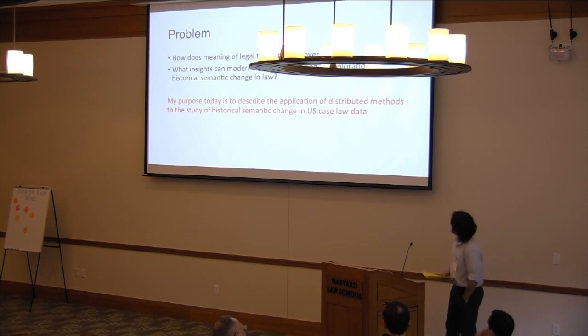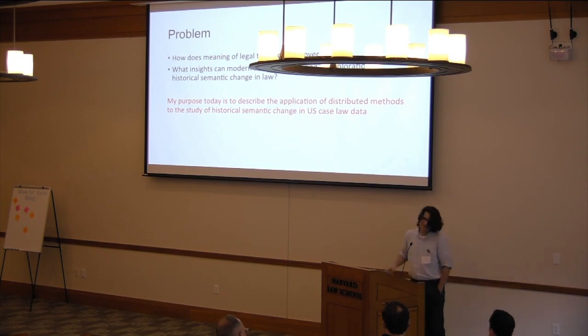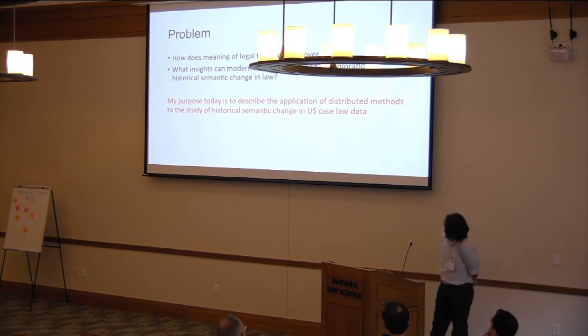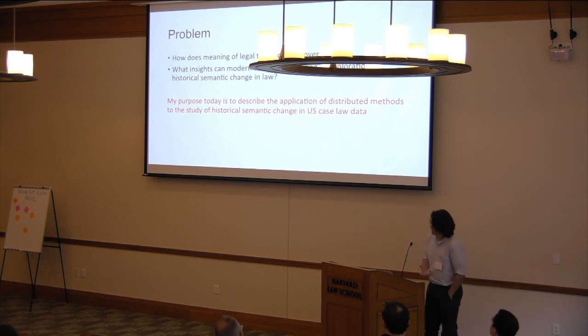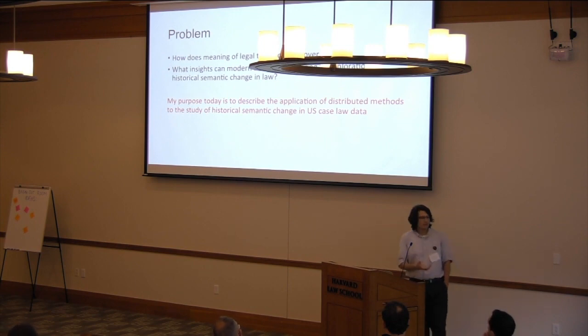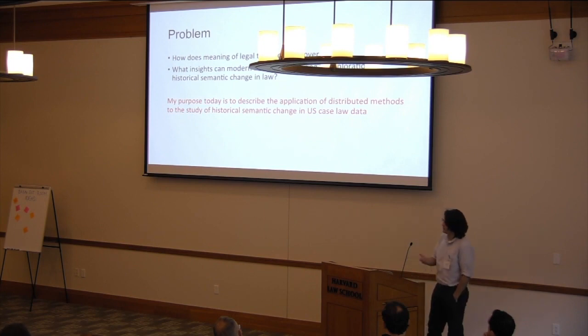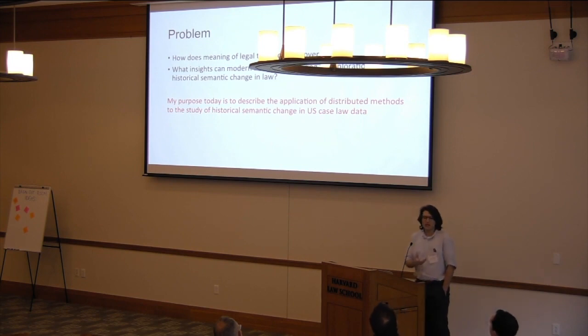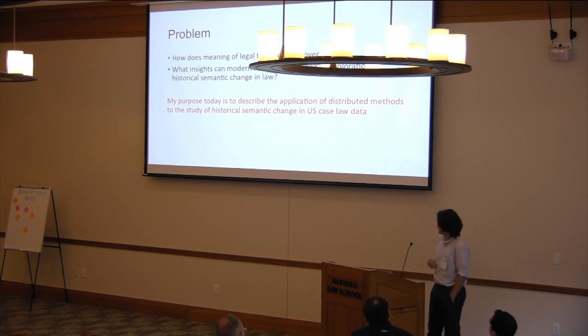Now the problem that this research tries to answer is this idea of how legal terms actually change over time. This is a well-known phenomenon, and I will show some examples later on. And can modern NLP methods, the methods that have been developed in recent years, help us look at these changes, tracking them, quantifying them, and so on.